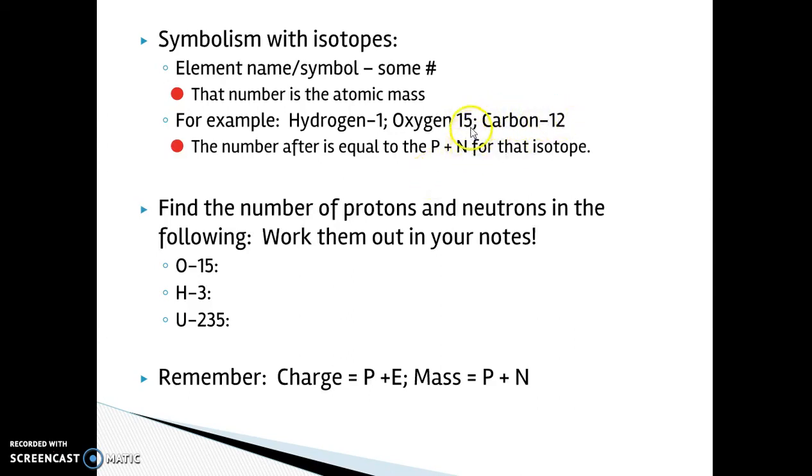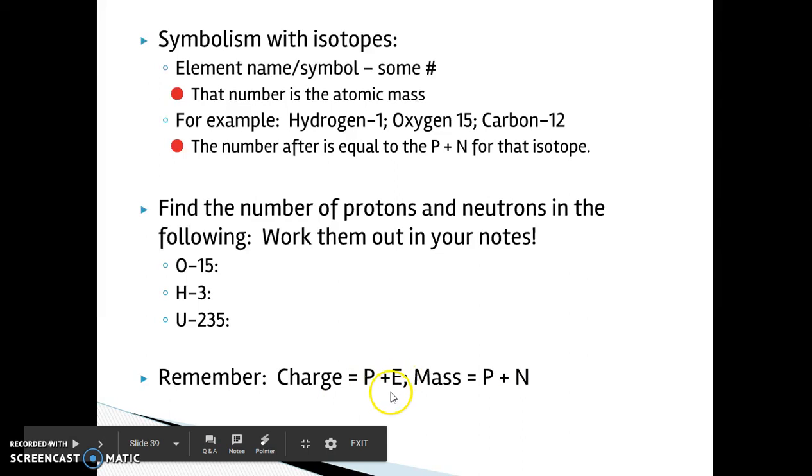So the number after is equal to protons plus neutrons for that particular isotope. So oxygen-15, if it has 8 protons, it would have to have 7 neutrons to have a mass of 15. Go ahead and work through these using your periodic table and your notes, and we will work through them in class just as a quick review.